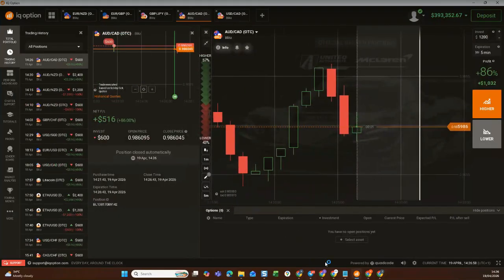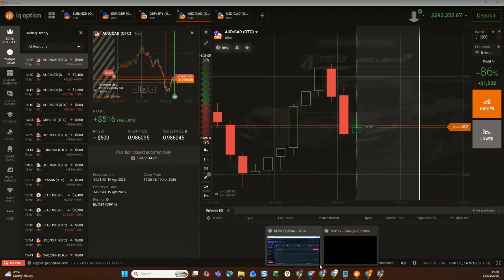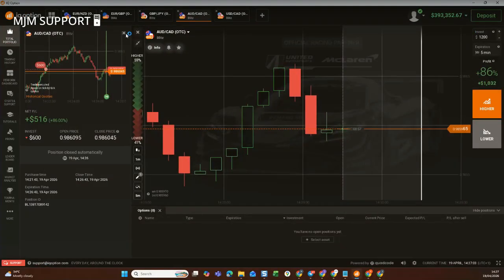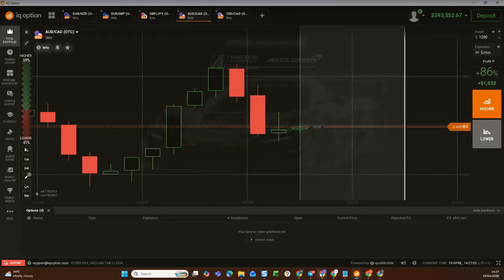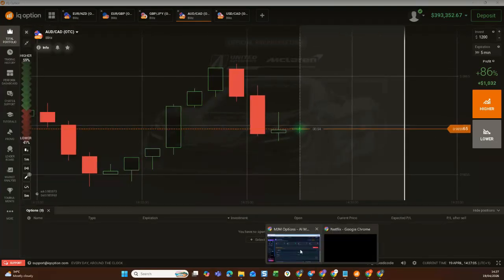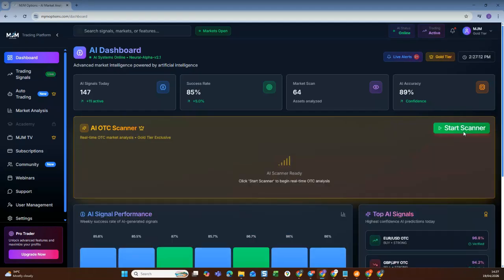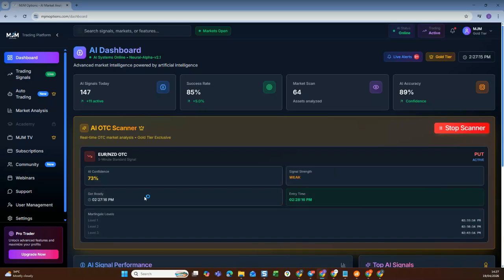So let's go to the fourth signal before I think about screenshots. Make sure you guys are paying attention. 97 moderate, 73 is not, it's 98 and strong.